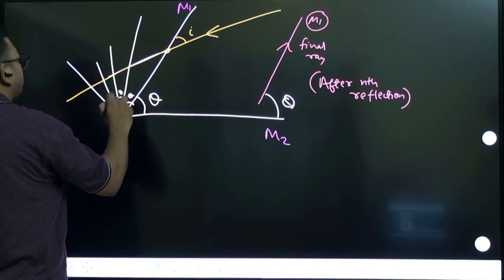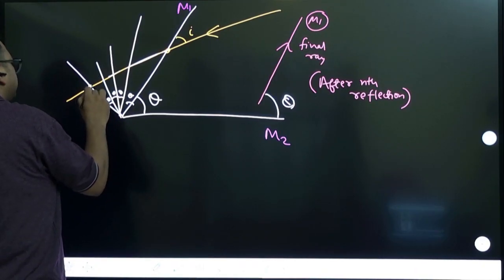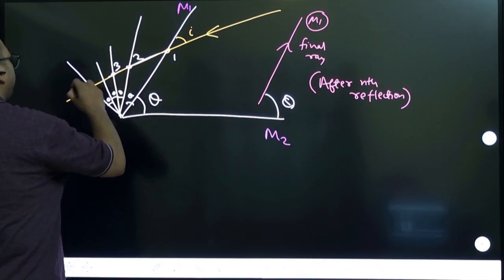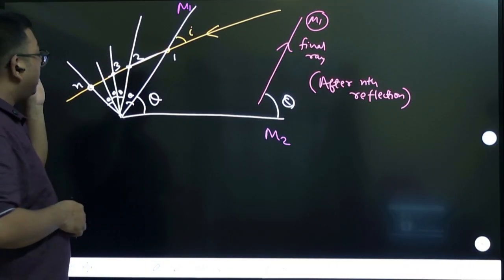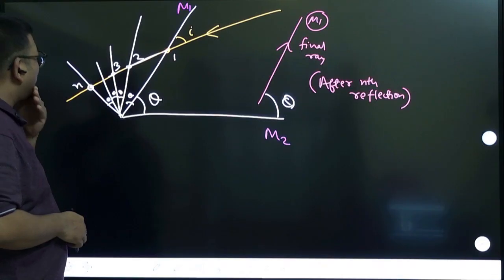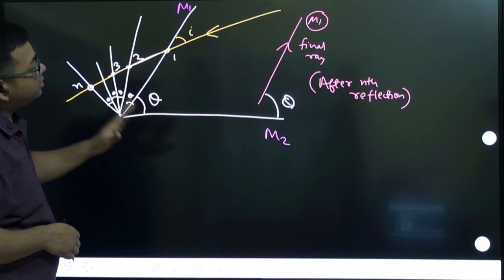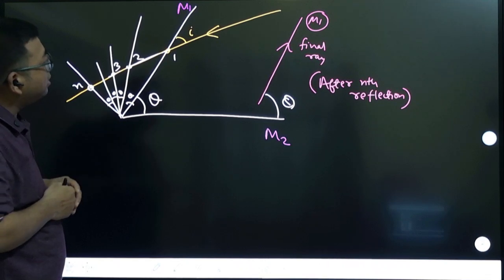Let us say this is the nth point, starting from 1, 2, 3, up to n. Then at this point the nth reflection is happening. In that reflection, how much angle is this making with the mirror?